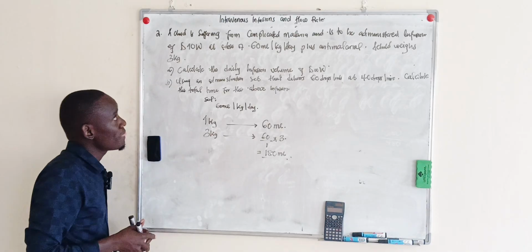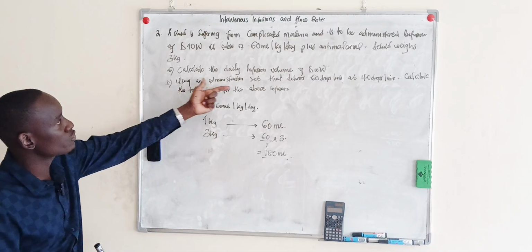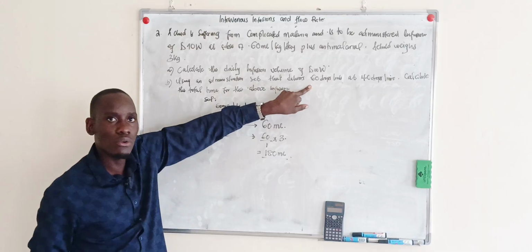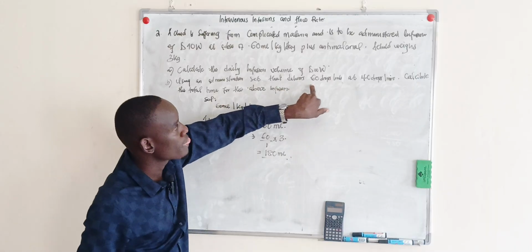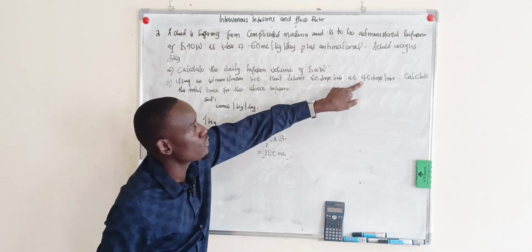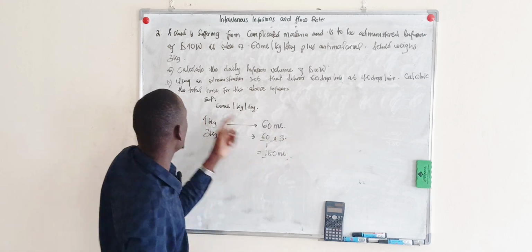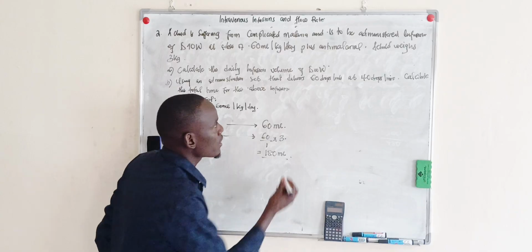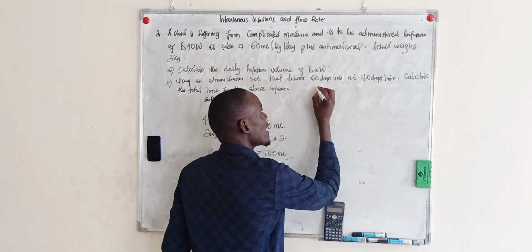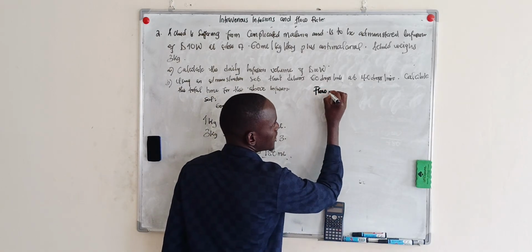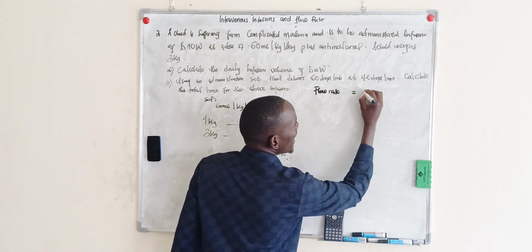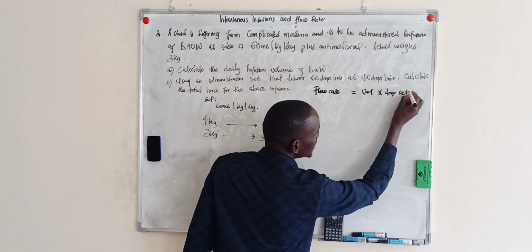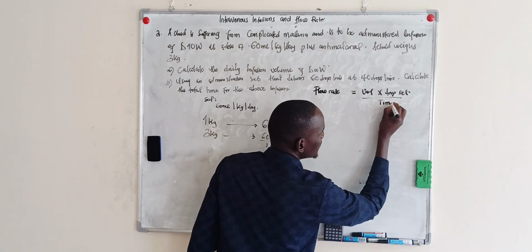Our next question, they are saying using an administration set that delivers 60 drops per ml. This is a micro drip at a flow rate of 40 drops per minute. Calculate the total time for the above infusion. Remember, we said from our formula that flow rate is given by volume times drip set divided by time.